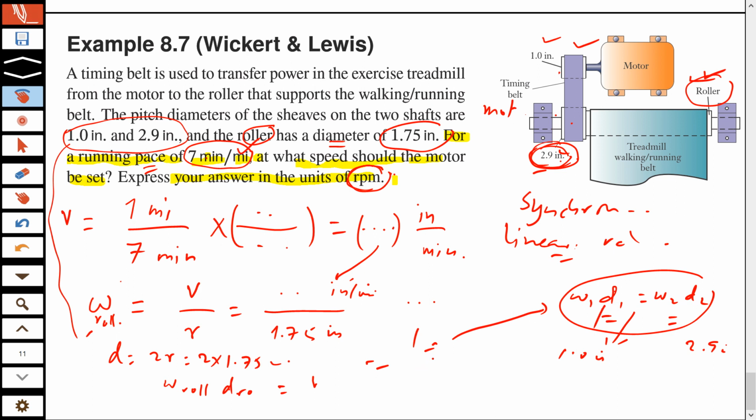So you started with linear velocity. From this piece of information, you converted that linear velocity to some angular velocity, and using this synchronous motion, you convert one angular velocity to the next to the next.